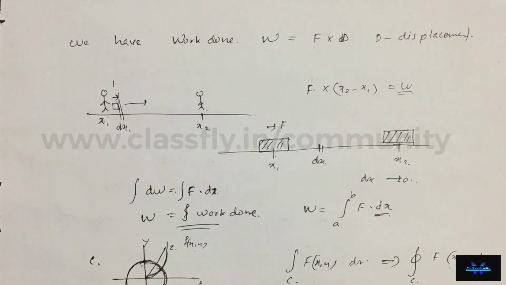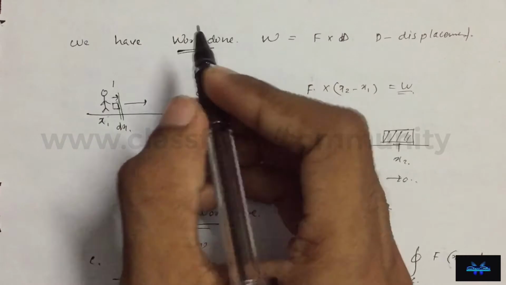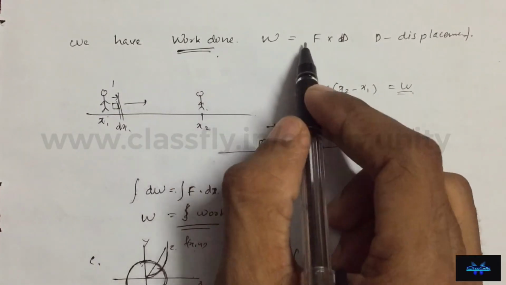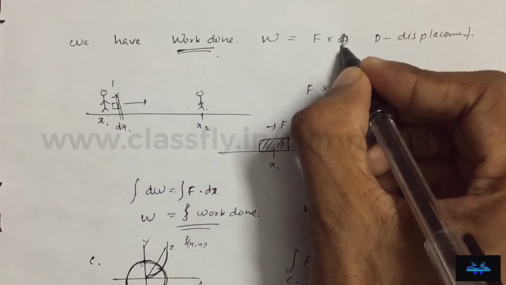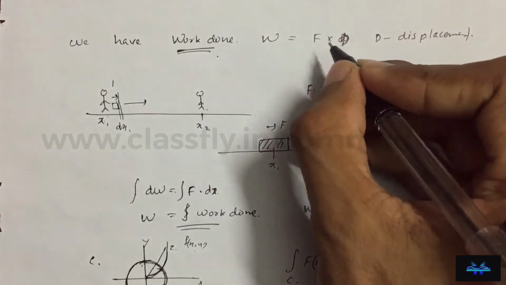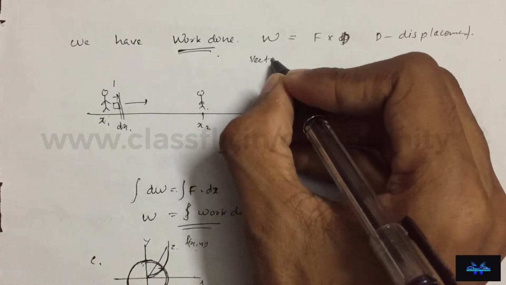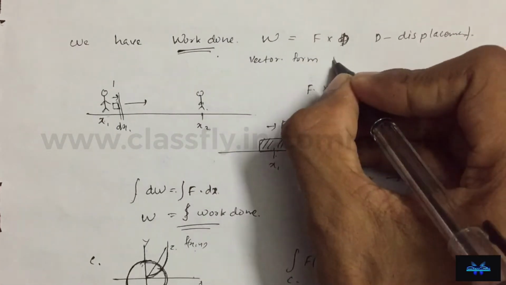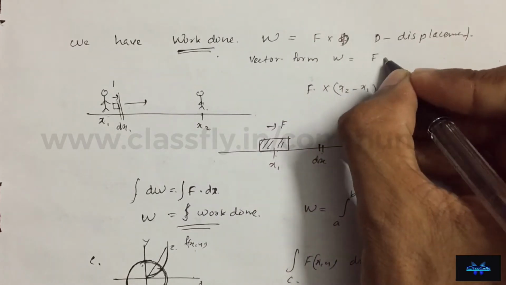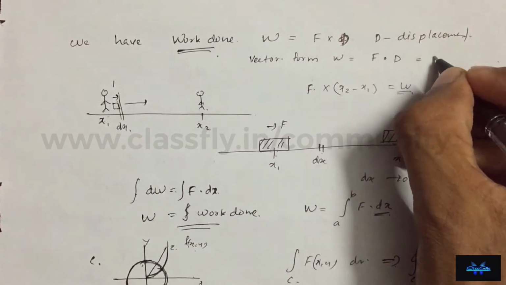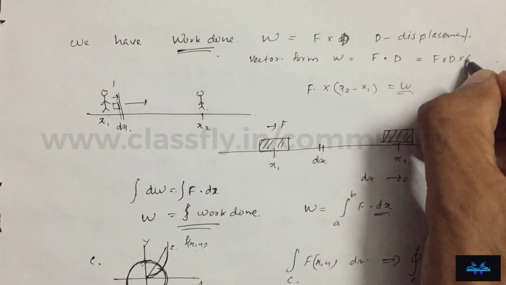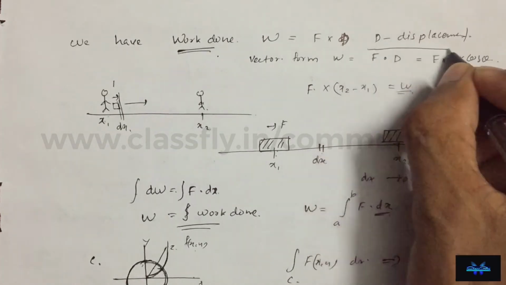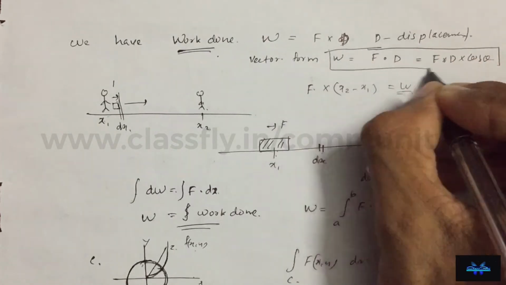Now let's talk about another concept, work done. We have work done, W is equal to force into displacement, which is force in vector form. The vector form of work done is F dot D, which is equal to F into D into cos theta, right?